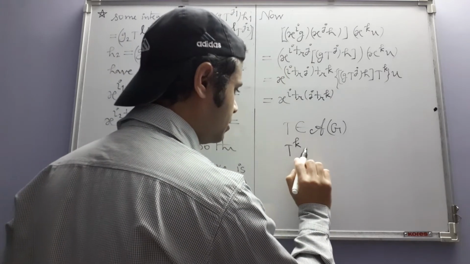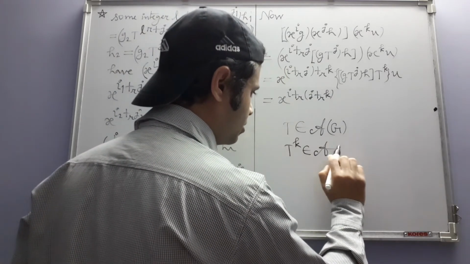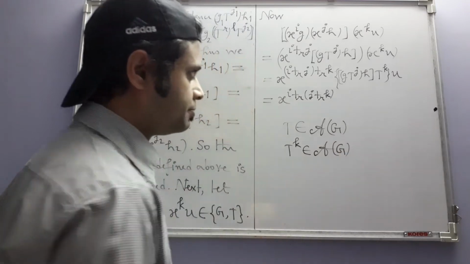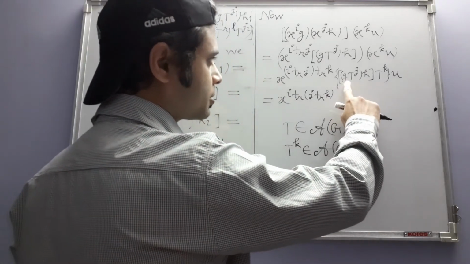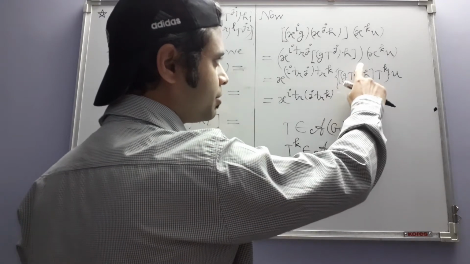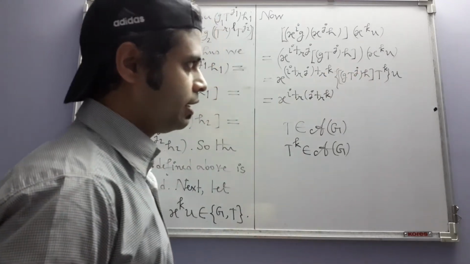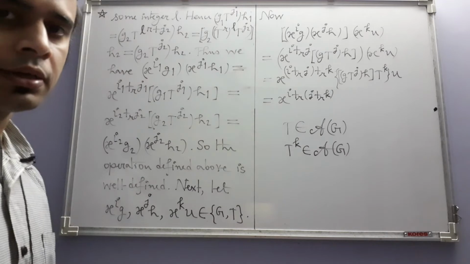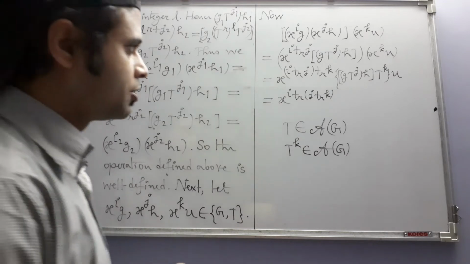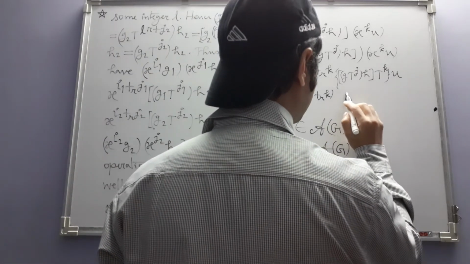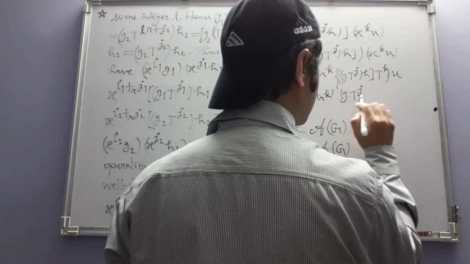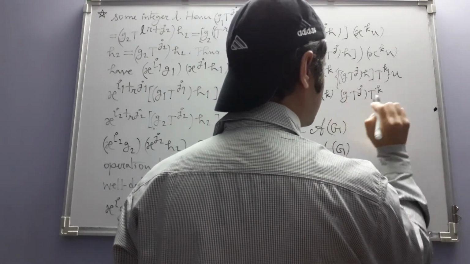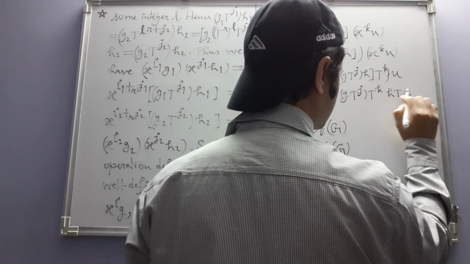So this integral power is also a homomorphism on G. And these are two group elements. One of them is g t to the power j and the other one is h. So using the fact that t to the power k is a homomorphism, we can write this times h t to the power k.